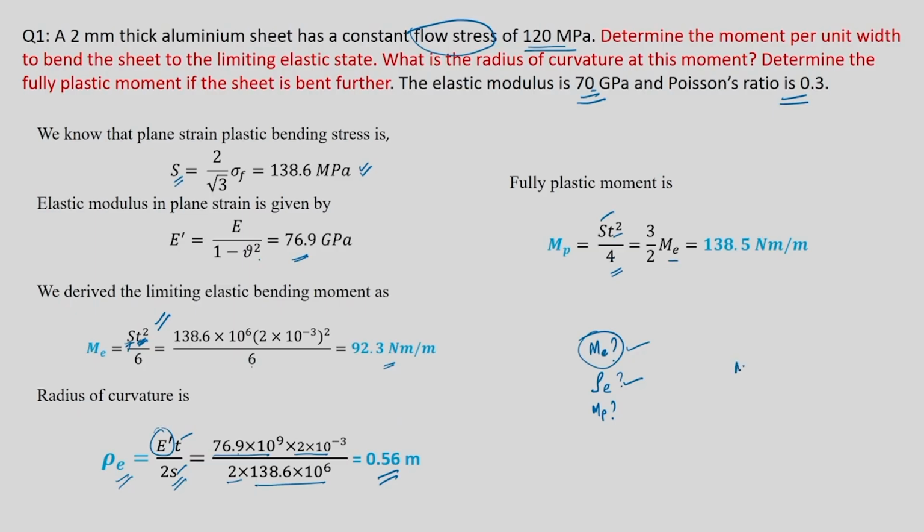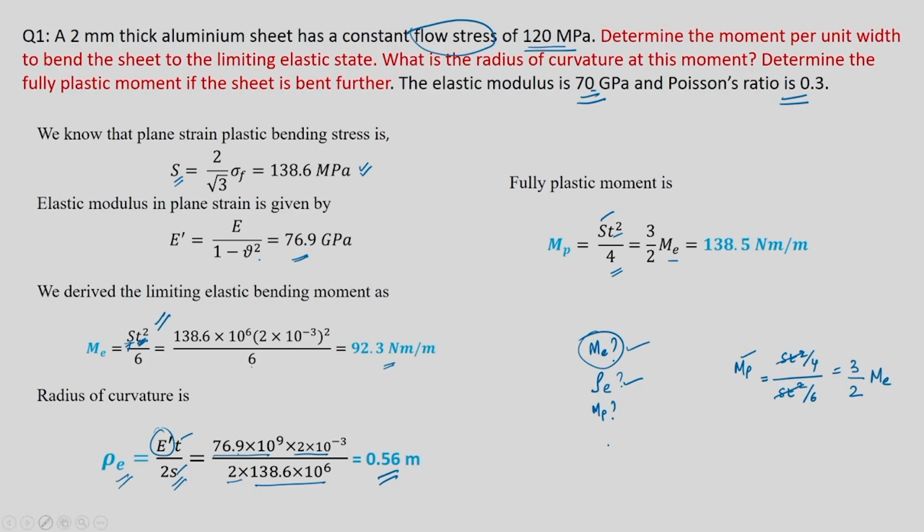MP by ME is S T square by 4 divided by S T square by 6, which is 6 by 4, nothing but 3 by 2. So, I can get MP equal to 3 by 2 into ME.